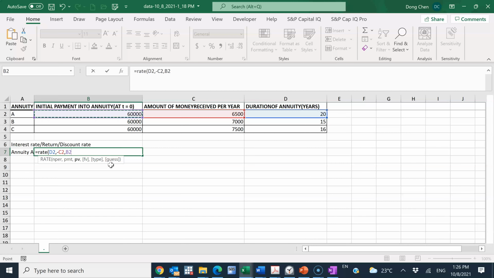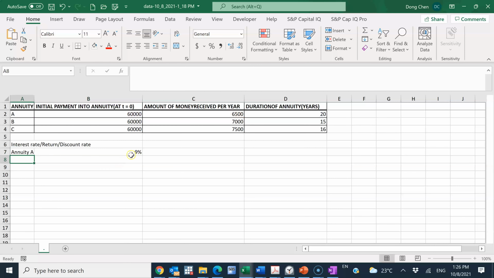And I believe if you don't put anything there, Excel will start from 10% and do some trial and error until it converges to the true rate. So here I don't want to bother with all those three inputs. So I just close this function here, and it gives me a number, 9%.